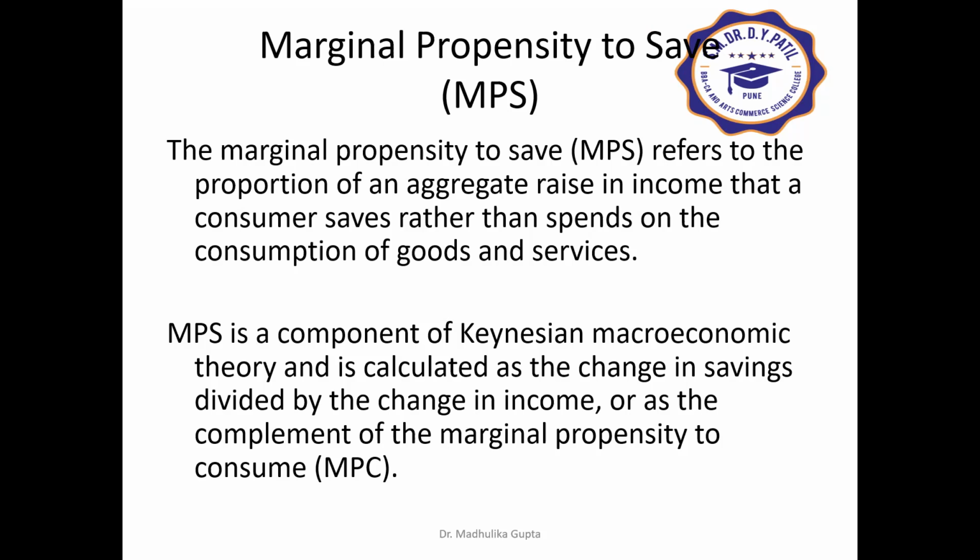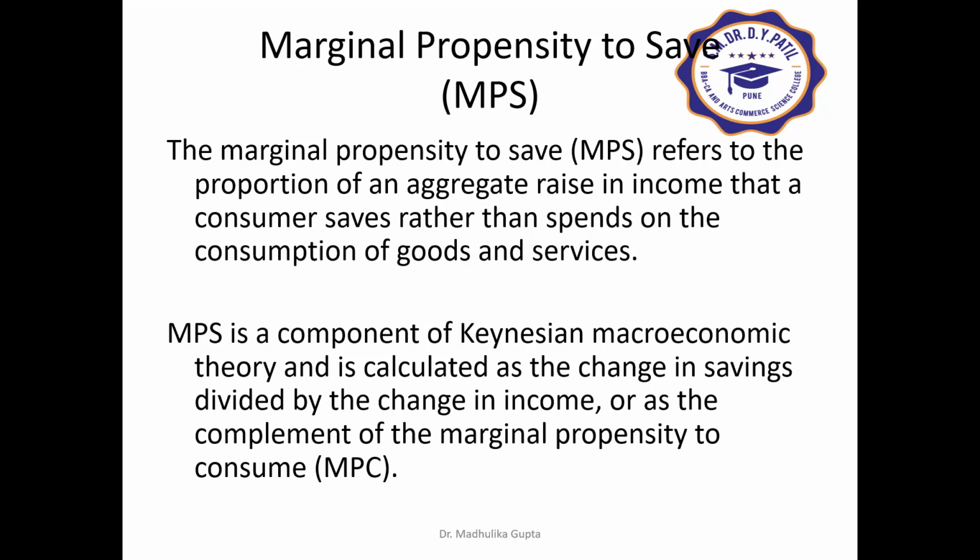So MPS is the proportion of an increase in income that gets saved instead of spent on consumption. MPS varies by income level, of course. MPS is typically higher at higher incomes.